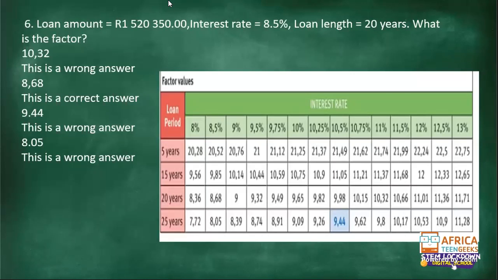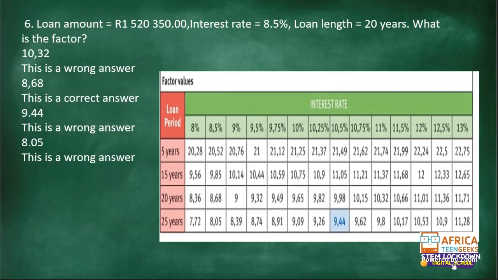You can unmute yourself, or Nompilo. Can we go to Nompilo? Just tell us what will be the factor value that we can use as far as this topic is concerned. Can you see the factor value?